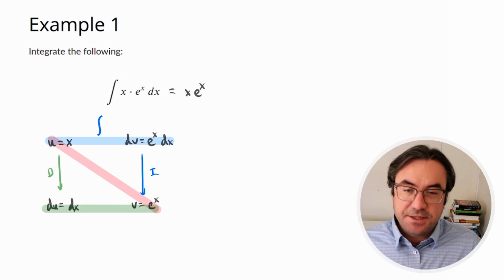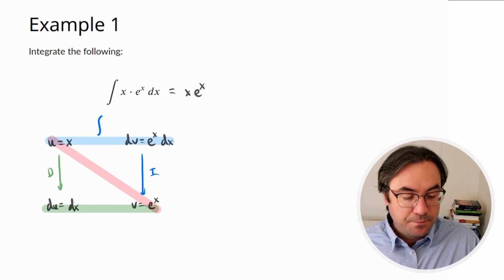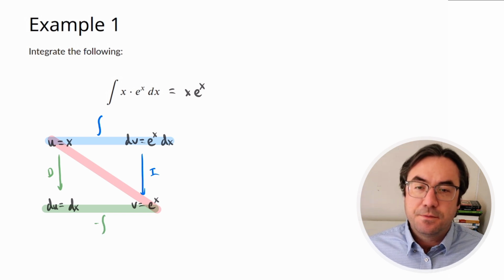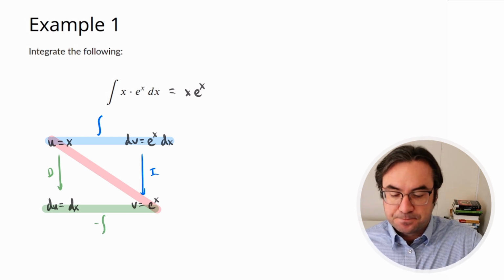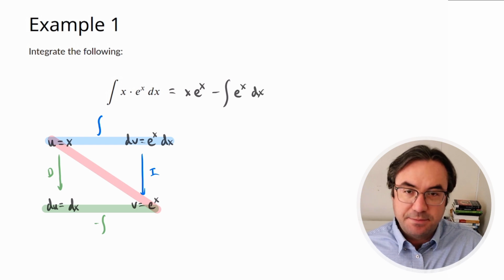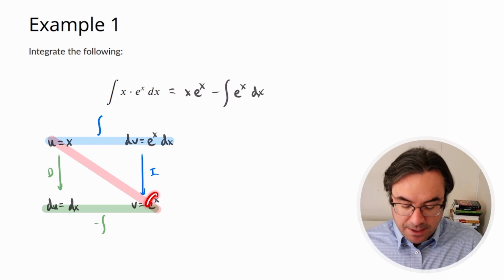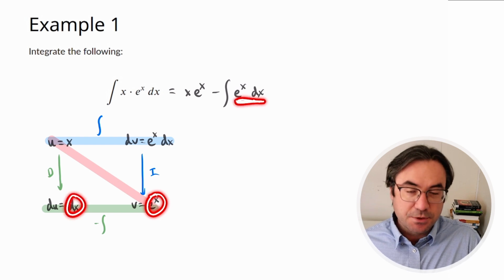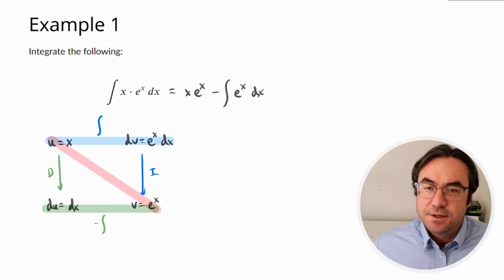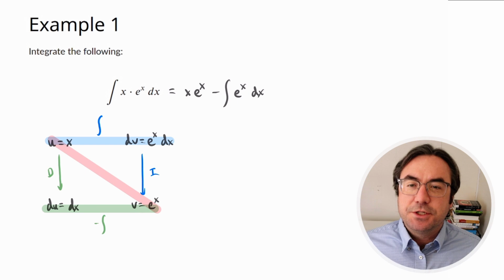And then minus the integral of those last two terms. So minus the integral of e to the x times dx. So we multiply our e to the x times dx. That's what we're seeing here. And we're integrating. So this is one way to remember the integration by parts formula.